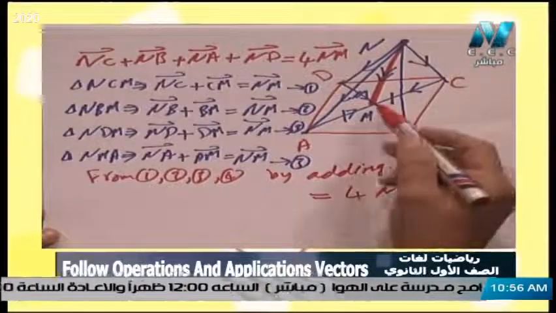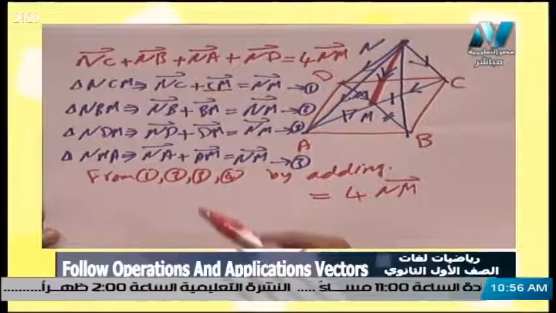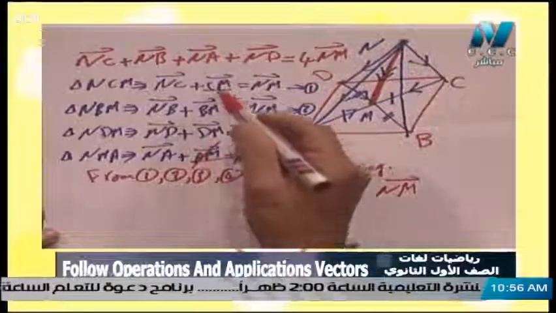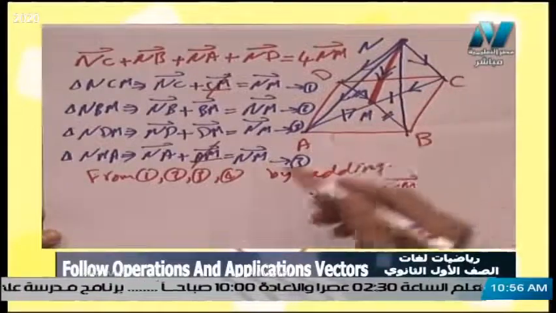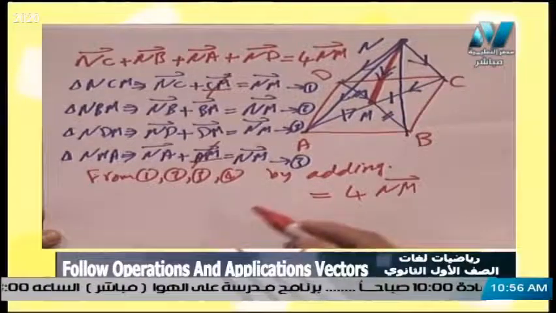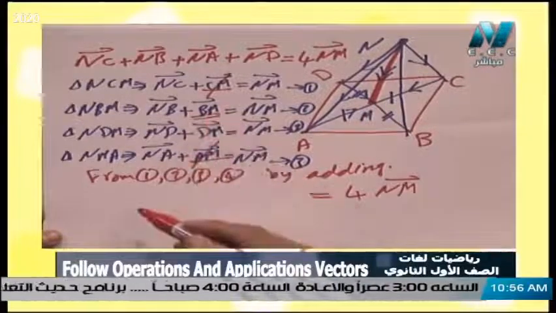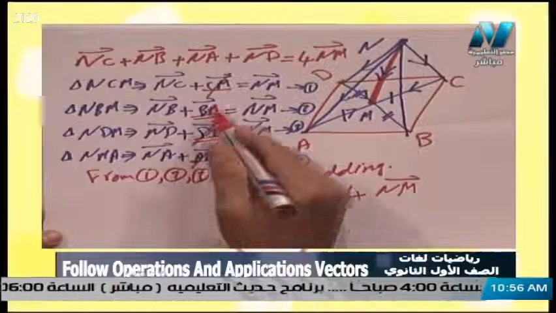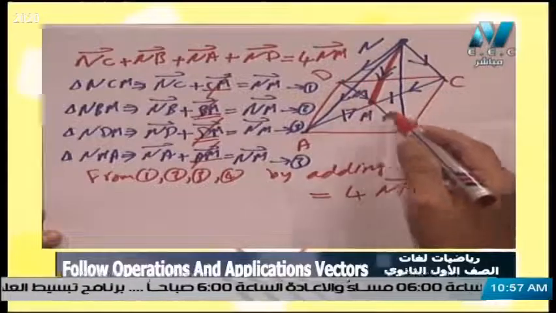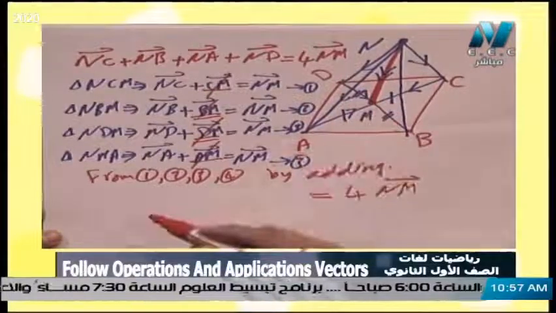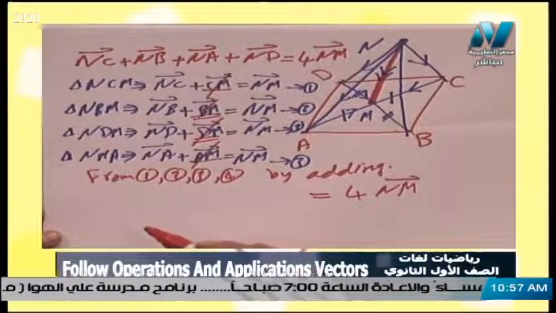We search for CM and AM. We have CM here and AM here, and they cancel with each other because they are equal in magnitude but opposite in direction. Search also for BM and DM. BM here and DM here cancel because they have the same magnitude and opposite direction, so one of them equals the negative of the other, so the sum equals 0.